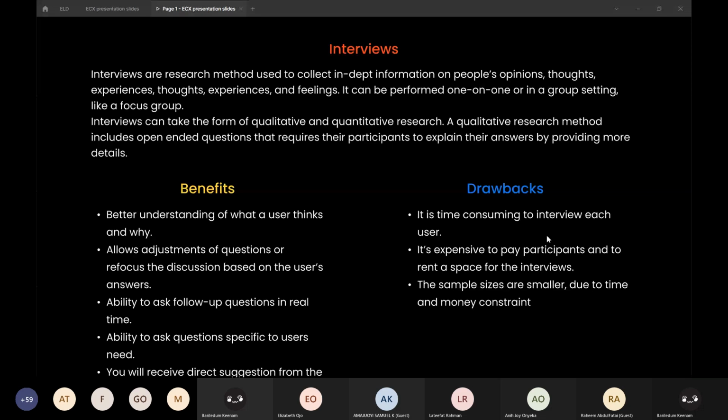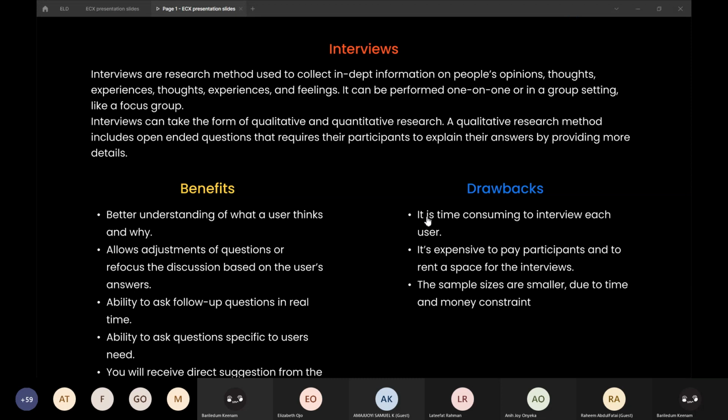That's what we mean by the sample sizes are smaller due to time and money constraints. I can just decide to interview 5 people since I don't have enough money to cater for 10, and that's going to reduce data collection and points of view.